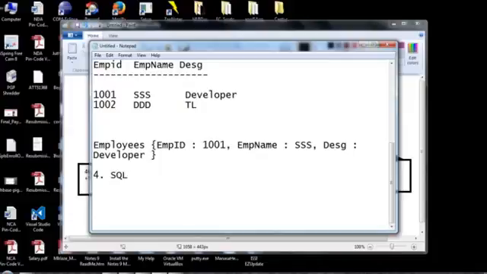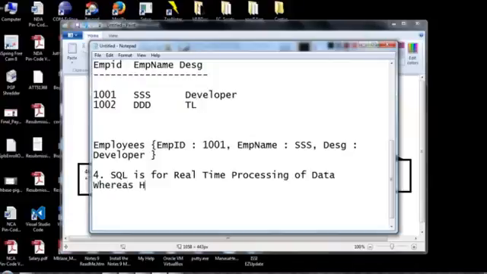So SQL is for real time processing of data, whereas Hadoop is designed for batch processing of data. The literal meaning of batch processing is that you are executing a list of jobs without manual intervention.